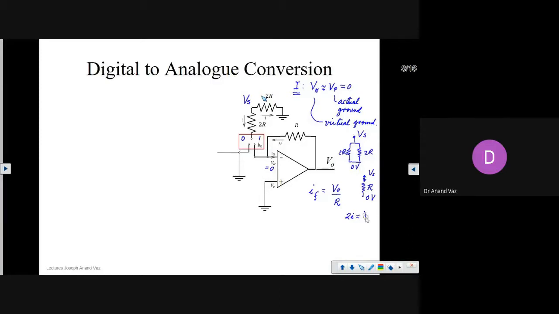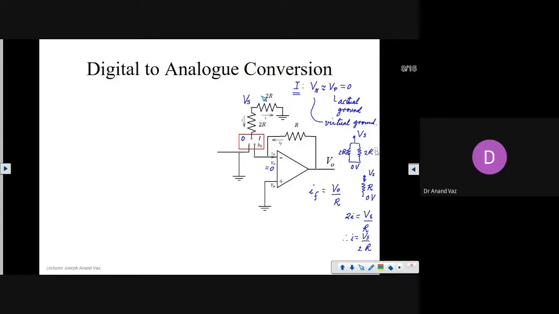Vs divided by R. Okay, and so you have I is equal to Vs divided by 2R. So this is when you have one switch.